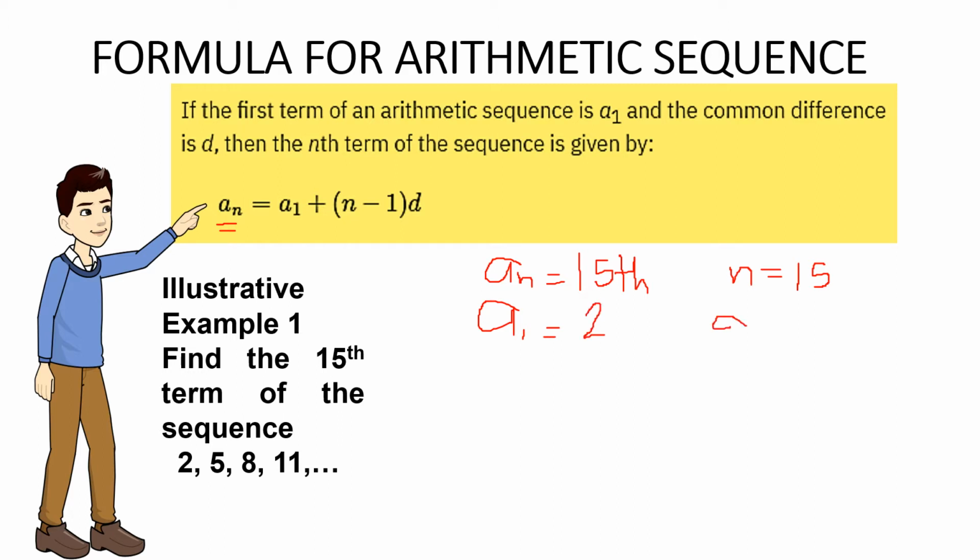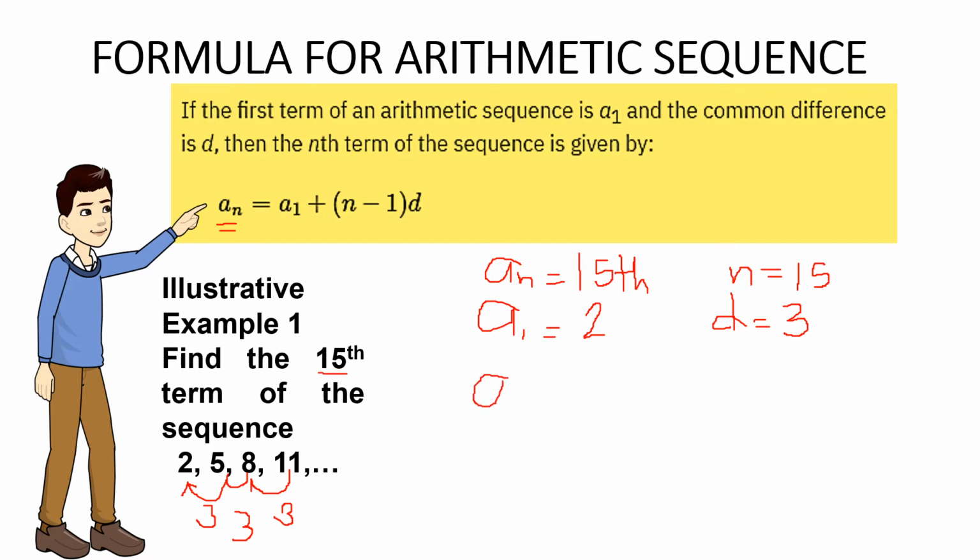Then yung ating common difference nila. So we have 5 minus 2, the answer is 3. 8 minus 5, 3 yung sagot. So therefore, arithmetic sequence ito. Lahat ng difference nila is 3. Common difference, 3.